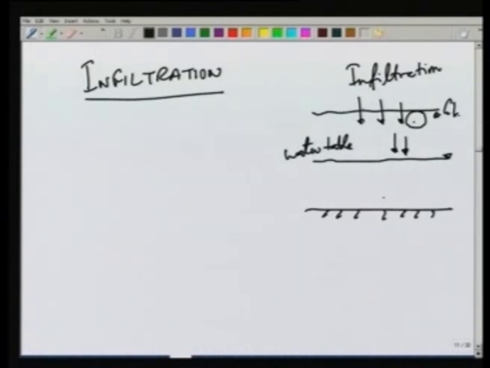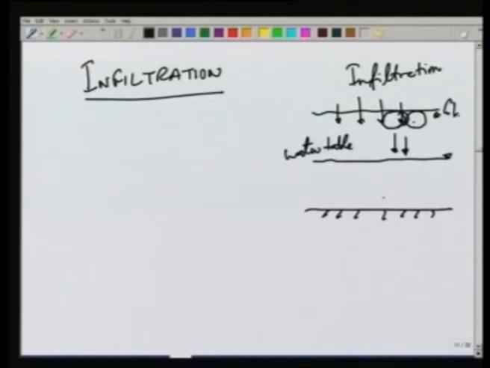As far as the ground surface is concerned, there is a maximum rate at which infiltration can occur. So, we can define these two terms as to what is the maximum rate at which infiltration can occur, and then beyond what volume of storage within the soil it will go deeper and contribute to the water table or the groundwater. So, there are two terms which are commonly used: infiltration capacity and field capacity.